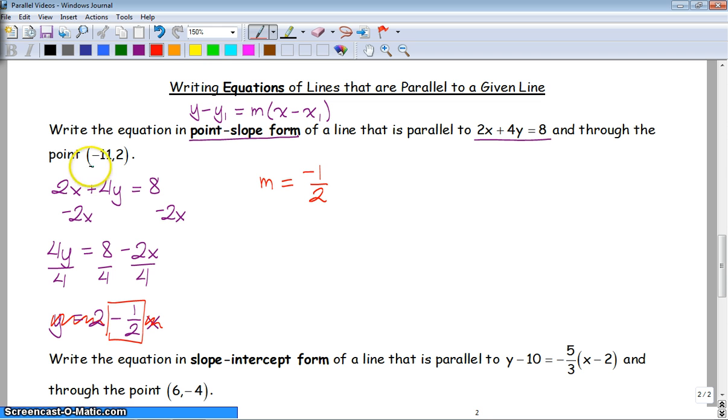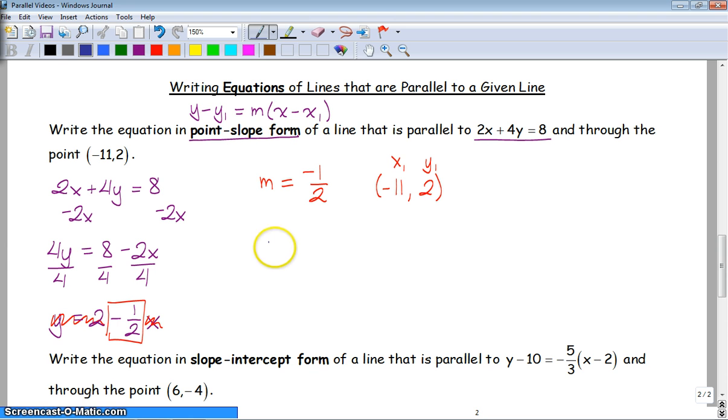Then the new point I'm using is -11, comma 2. If it helps, label your points. This is x1, this is y1. From there, we just take all of this information that we just found in red and plug it into the point-slope form equation.